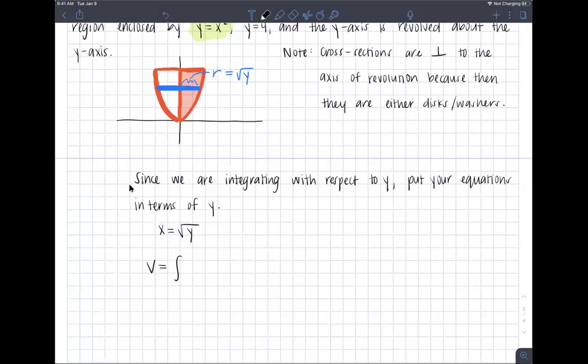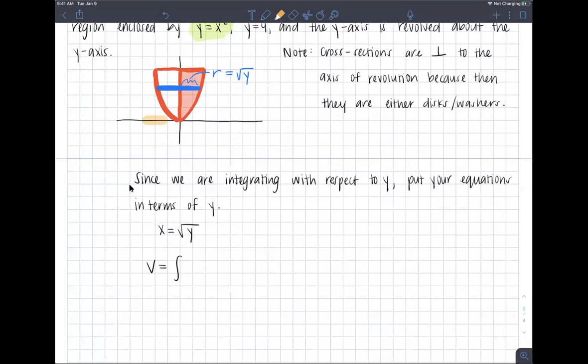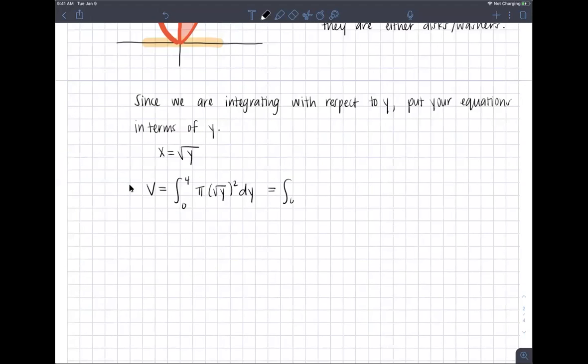Where does my region start on the y-axis and where does it stop? Yeah, 0 to 4. Then you're going to have pi times the square root of y squared. And then we're integrating with respect to y. And so this is really just the integral from 0 to 4 of pi y dy.